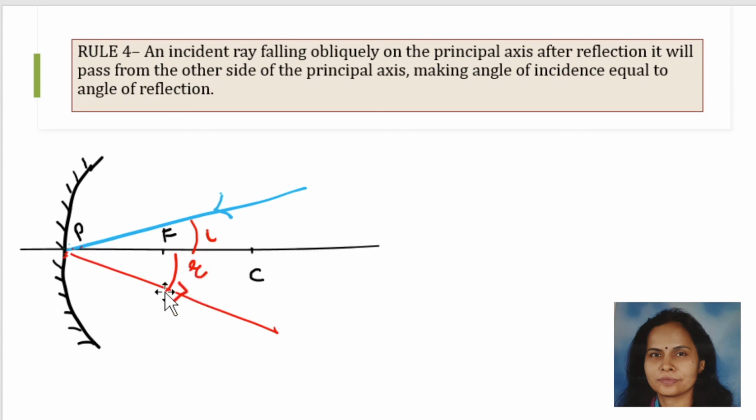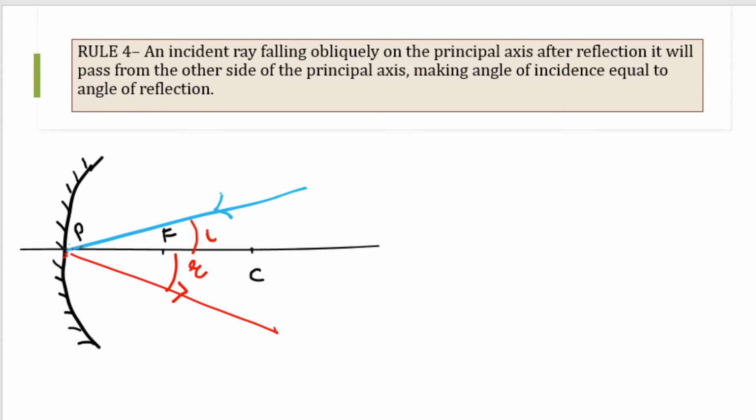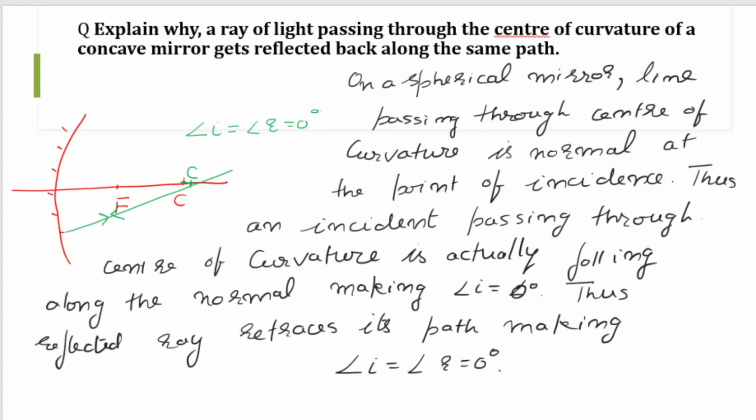What we have to take care of for this rule is to take the help of a protractor, so that angle I must be equal to angle R. In all three other cases also angle I is equal to angle R, but there we have a specific point where the reflected ray can pass. In this case, there is no specific point, so we have to make angle R equal to angle I, right? I hope it is clear, and this is an important question.